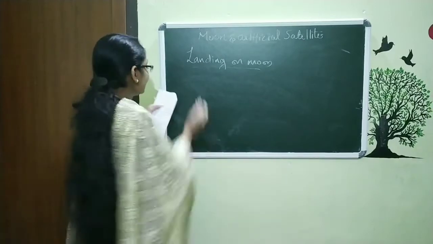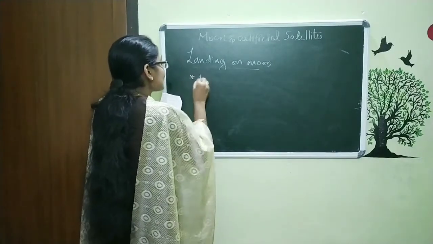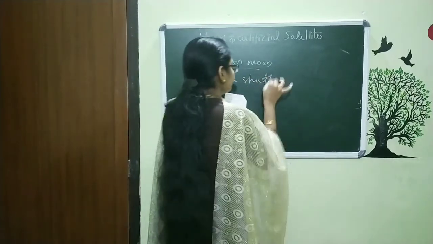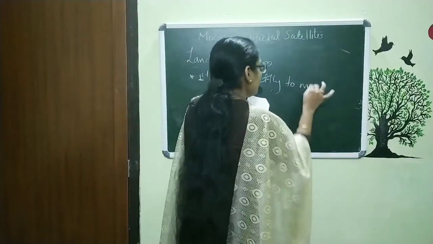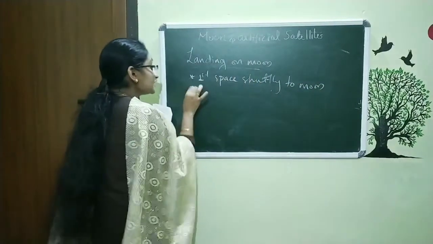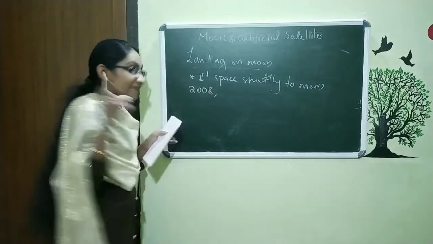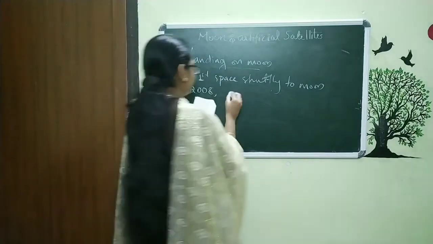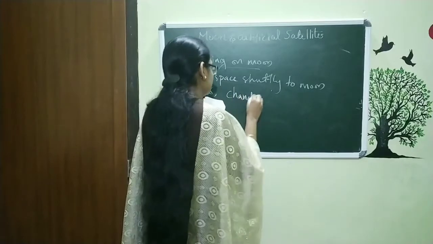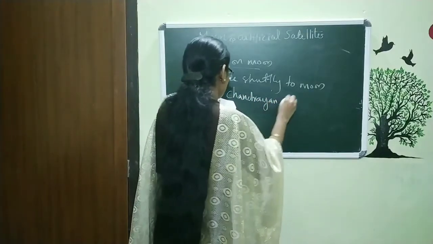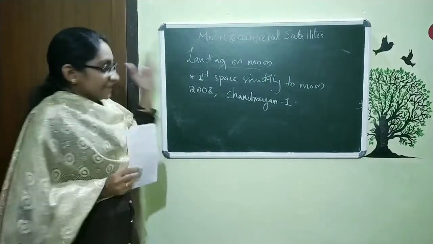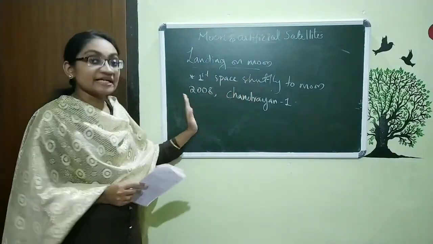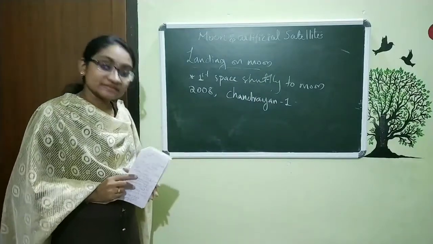So, India sent its first space shuttle to the moon in 2008, and its name is Chandrayaan 1, something related to the name of the moon.